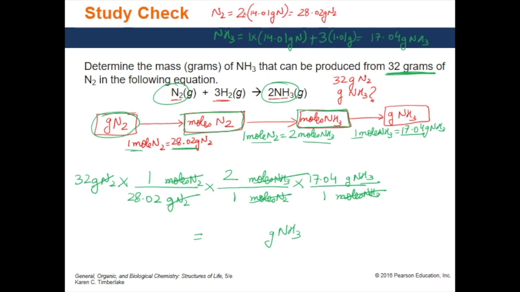Now you can plug this into your calculator and figure out what is the final answer in grams.